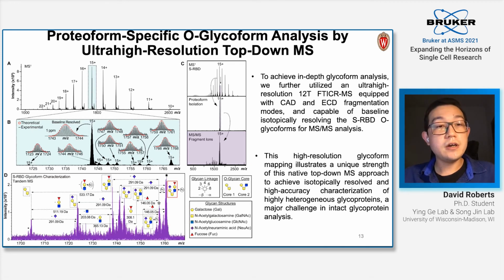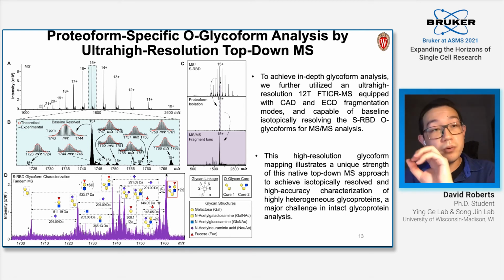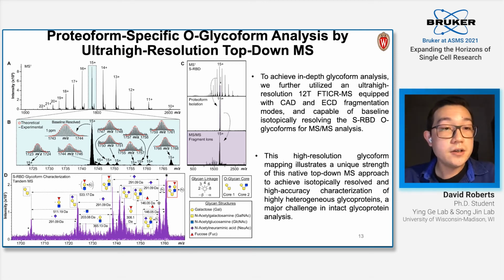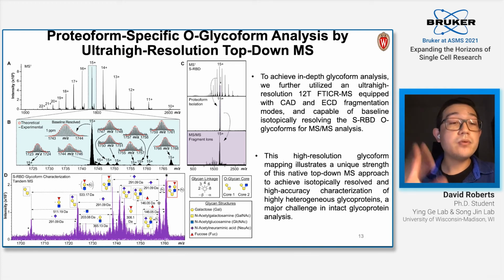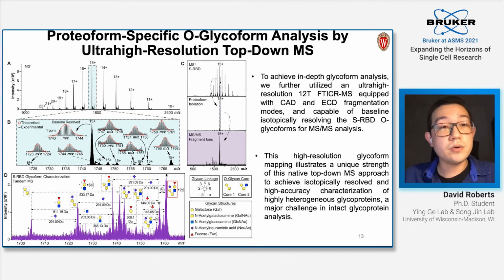So what you're seeing here is a picturesque view of what goes on for each and every single one of these O-glycoforms. There's a site-specific isolation, there's a specific quadrupole isolation, and we progressively ramp up the collision energy such that we can basically put the pieces of the puzzle back together, connect the dots, and really begin to understand both what the intact glycan form was under a soft ionization and to prove the actual combinatorial makeup of these various O-glycan structures.